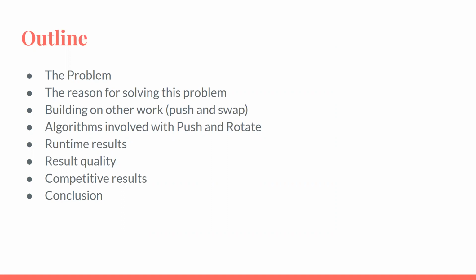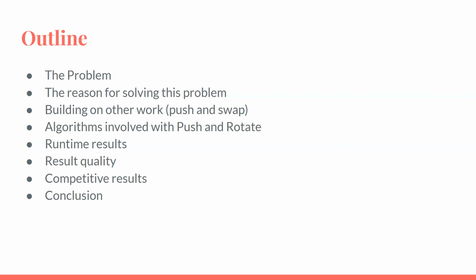We will talk about all the different moving parts and pieces of push and rotate that are really required to understand how it works. There are a lot of other moving pieces too, but I tried to keep it to what was necessary to understand. We will also take a look at some of the runtime results as well as result quality.